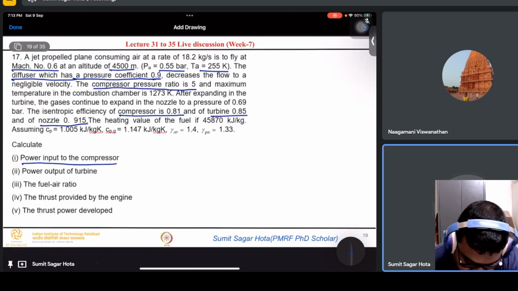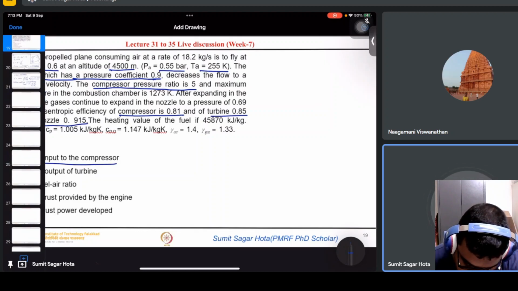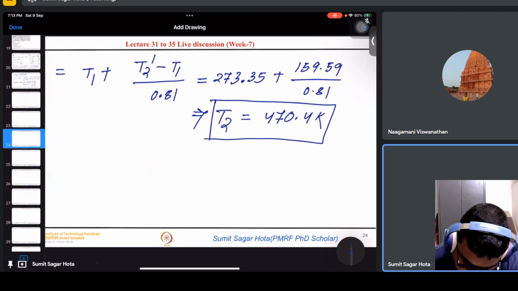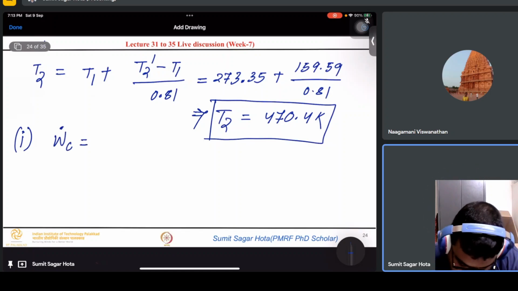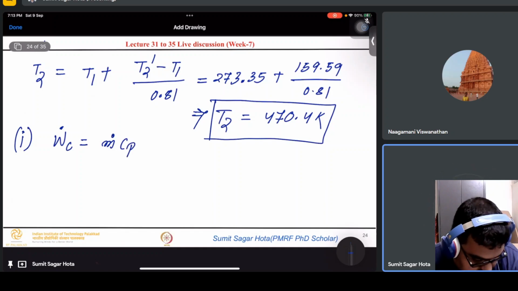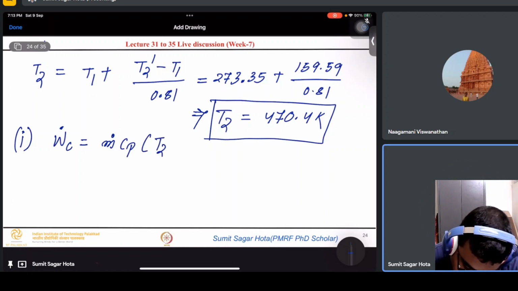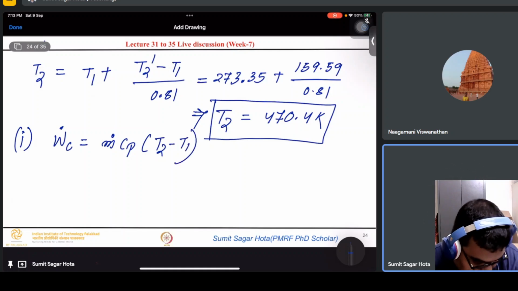So we have all the values, we can directly calculate the power input to the compressor. Let it be WC dot is equal to m dot Cp T2 minus T1.